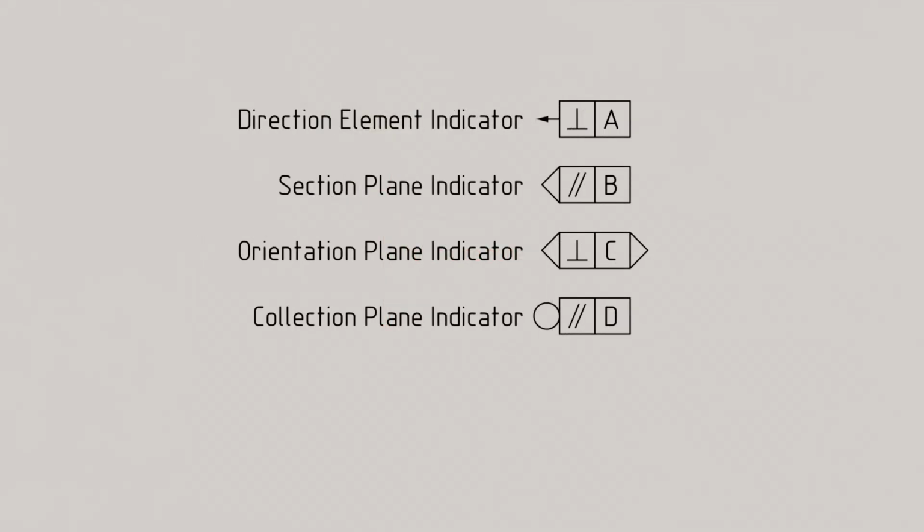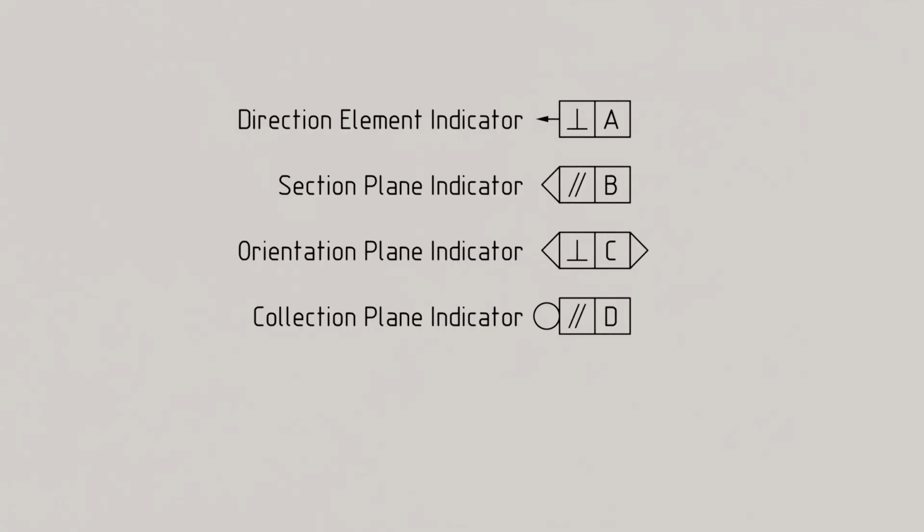In addition to the section plane indicator and the direction element indicator, there are also an orientation plane indicator and a collection plane indicator. The orientation plane indicator is similarly structured to the section plane indicator, but has an unfilled triangle on both sides, to the right and left of the two boxes. This indicator is mainly relevant for position tolerances, which we will discuss in more detail in another video, where we will also cover this orientation plane indicator more thoroughly.